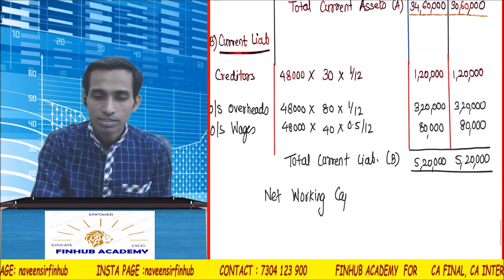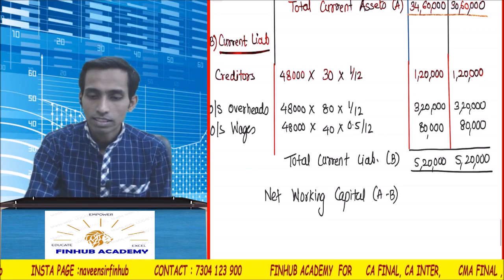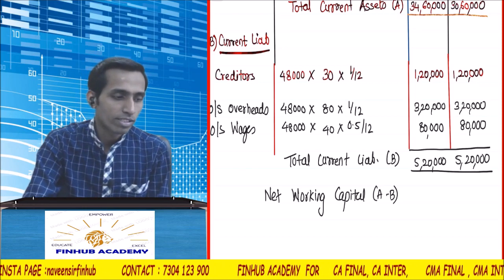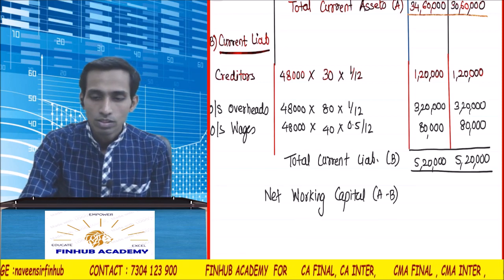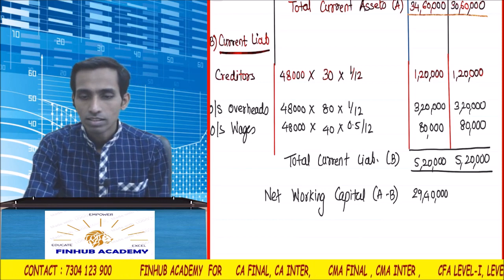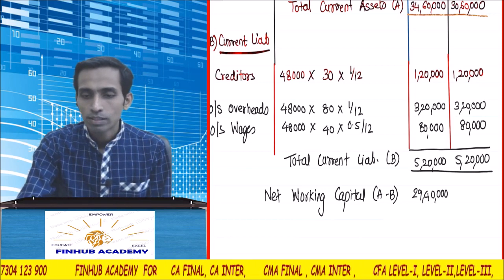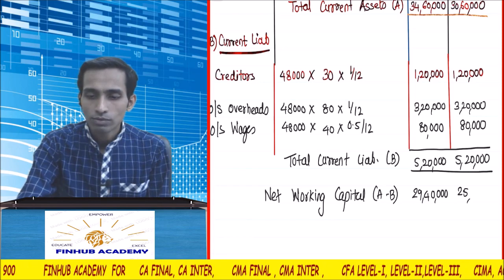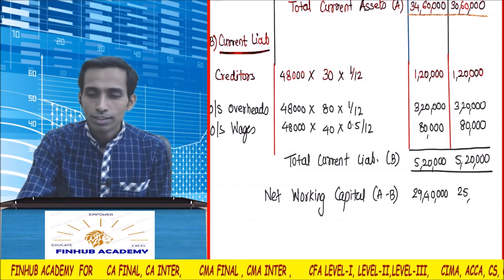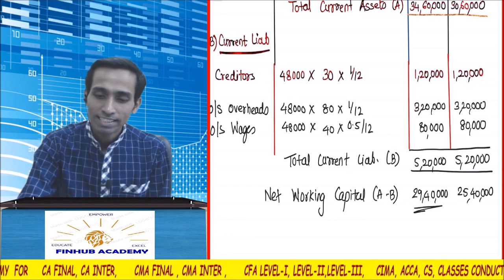Net working capital, A minus B, is what? 34,60,000 minus 5,20,000. How much? 29,40,000. Correct? Okay, next. 25,40,000. Okay, no problem.